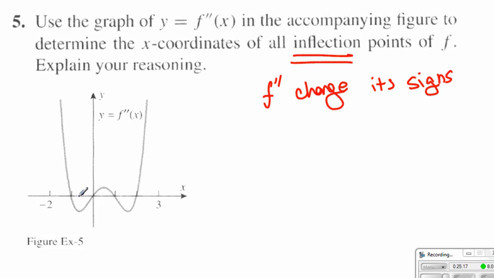Where do you see that? Here we see that because before it was positive, now it's negative. So we are looking at negative 1, and here too, because negative to positive, so 0. And here 1, and here 2. So that becomes our answer.